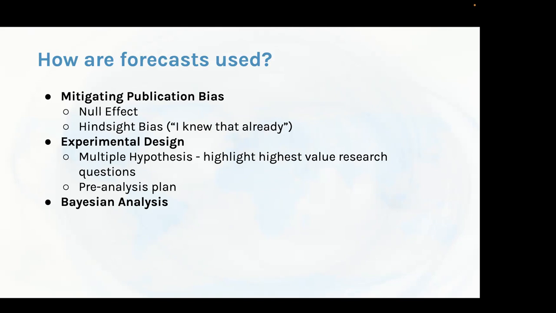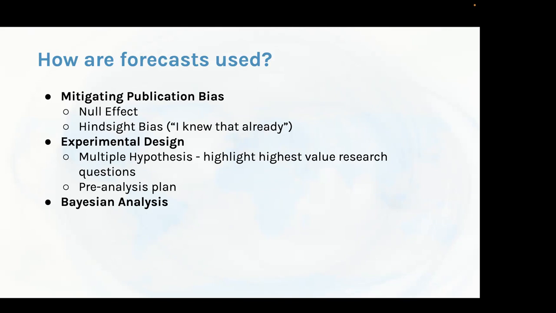So running a forecast beforehand, asking about predictions on different hypotheses, could highlight the highest value research questions. For example, some hypotheses may be assumed to have very high impacts and you want to test that, or for some hypotheses most people would assume there is no impact and you also want to test that.